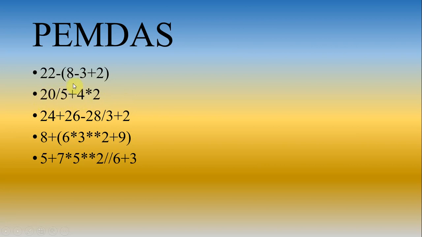Then there is an addition operator, but we cannot solve that because addition has lower priority than multiplication and division. So we are supposed to solve the multiplication operator. 4 into 2 is 8. So 4 and 8, and then there is an addition operator which will give us 4 plus 8 equal to 12.